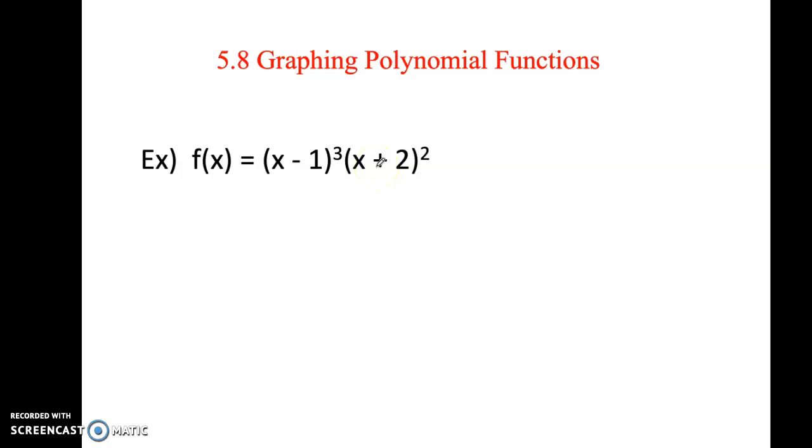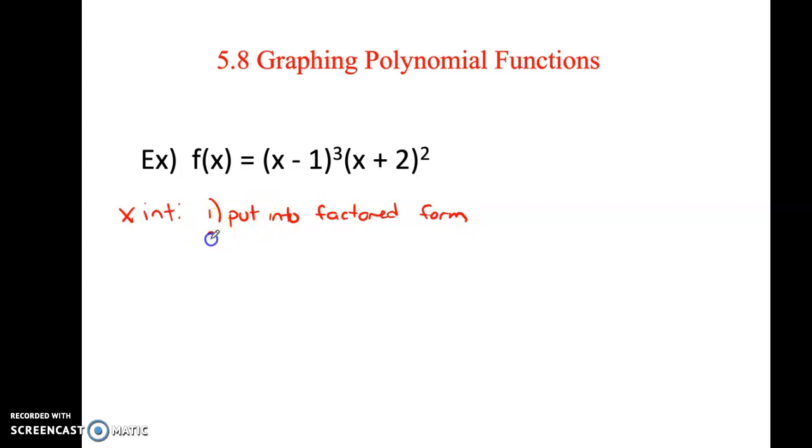And in the past, in order to find the x-intercepts, you take each factor and you set it equal to 0. So as a review, how do we find the x-intercepts? Step 1, put into factor form, which it already is.